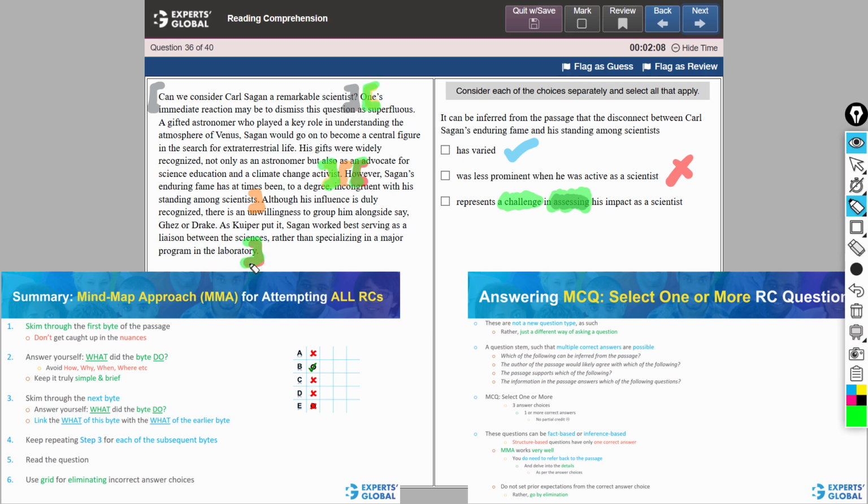This difference is the disconnect between our scientist's enduring fame in general and his standing among scientists, which is not very promising as they are unwilling to group our scientist alongside these remarkable examples. Therefore, this statement can be inferred.